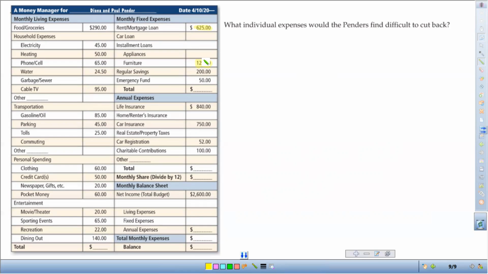So that's going to be hard to cut back on. Actually, the annual expenses, so car insurance would be hard to cut back on. Car registration, that's going to be the same thing. Yeah, so anything that is a fixed expense is hard to cut back on.